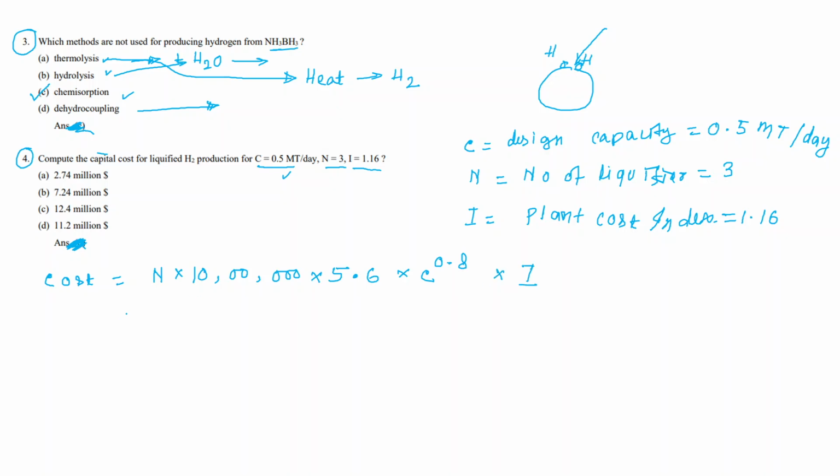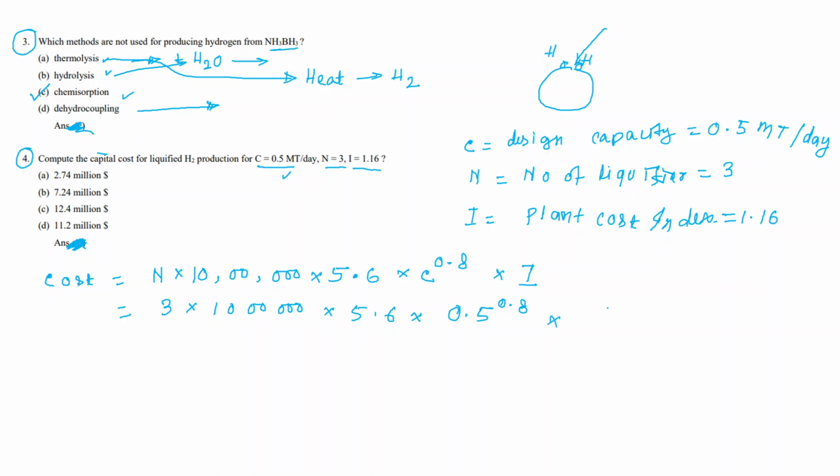If you put in the number of liquefiers in one plant, the total number of liquefiers is here 3, and 5.6 into C, the design capacity 0.5, 0.5 to the power 0.8.